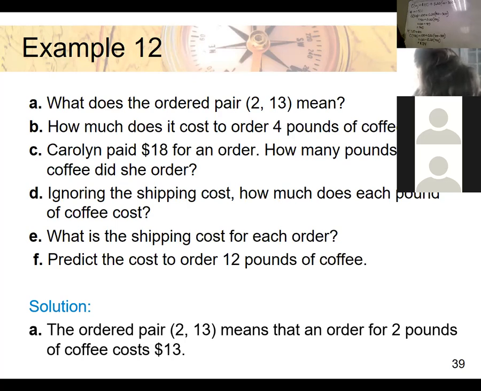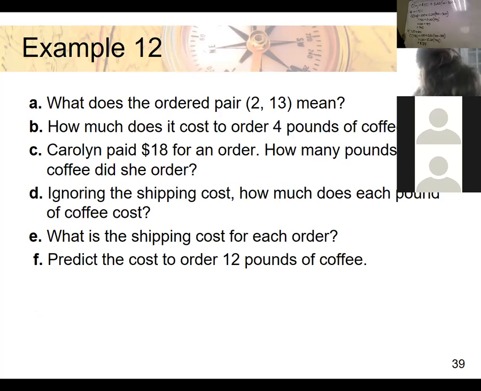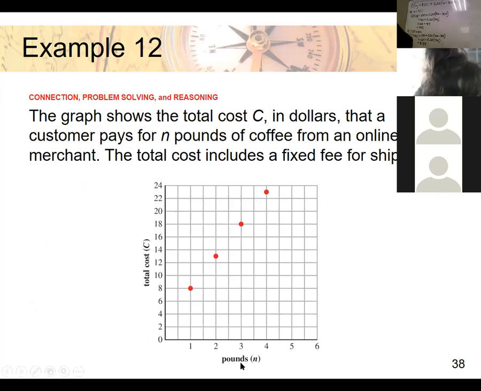Because if we go back to that graph, you'll see the number of pounds of coffee is the horizontal axis. The total cost is the vertical axis. So for 2 pounds of coffee, that point right there represents the number of pounds to cost. 2 pounds cost $13.